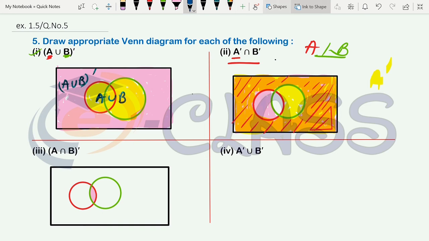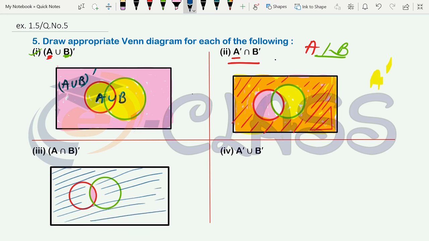So this region is A intersection B complement. Now the next picture is A complement union B complement. So try this at your home.